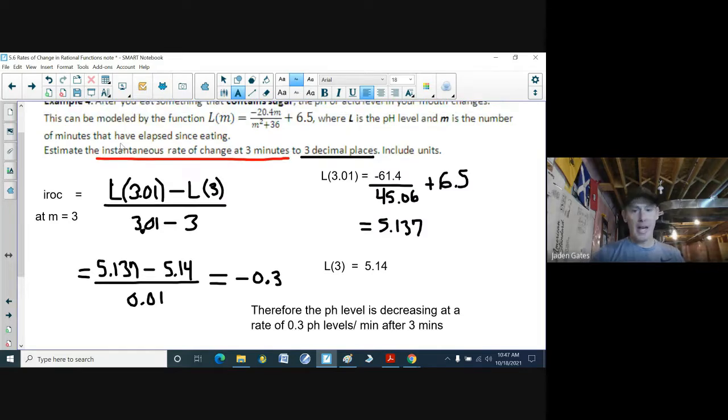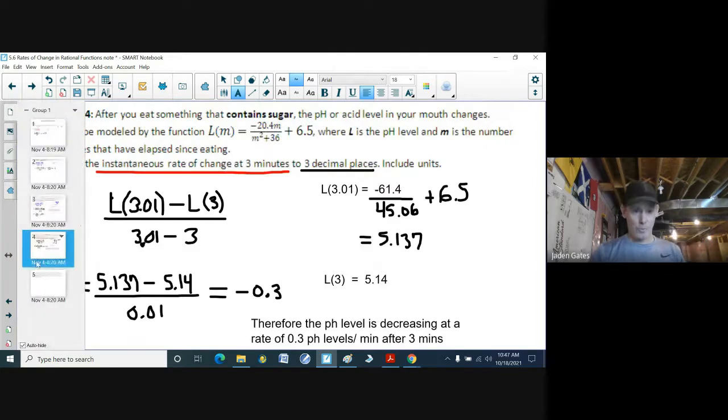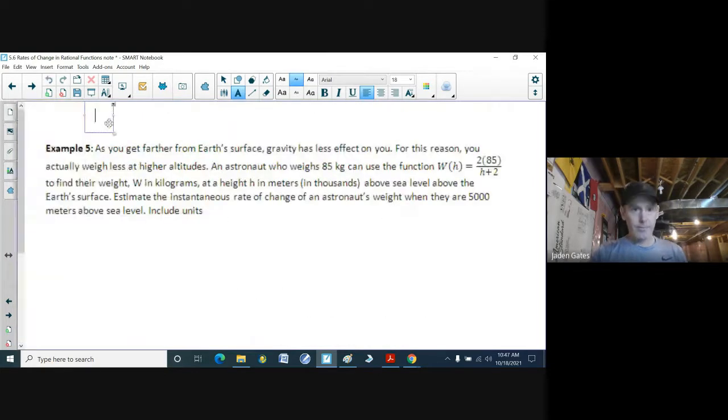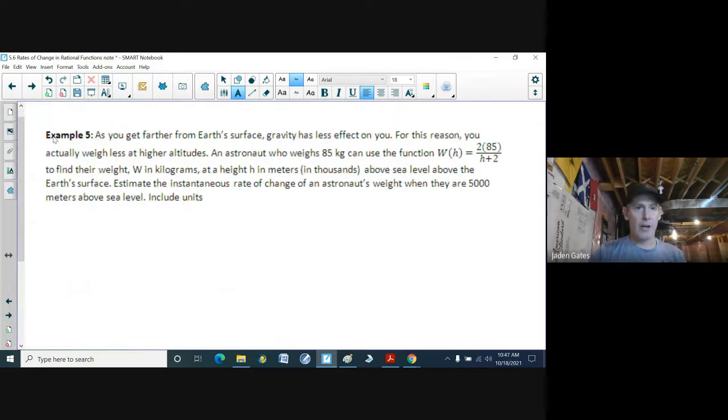All right. Again, that's a real life formula. That's for real. I got that. Let's try another one, which is real. This comes from my physics background here. Some of you have already taken my physics class or are going to. Example 5. As you get farther from Earth's surface, gravity has less effect on you. That's true. For this reason, you actually weigh less at higher altitudes.